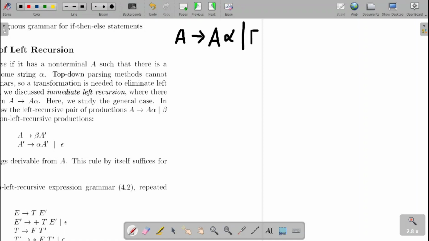Then this will be replaced with A derives beta A dash, and A dash derives alpha A dash or the epsilon.